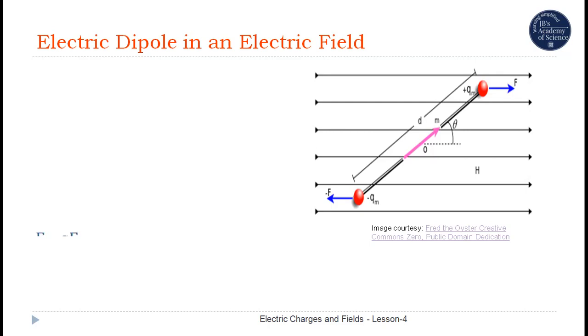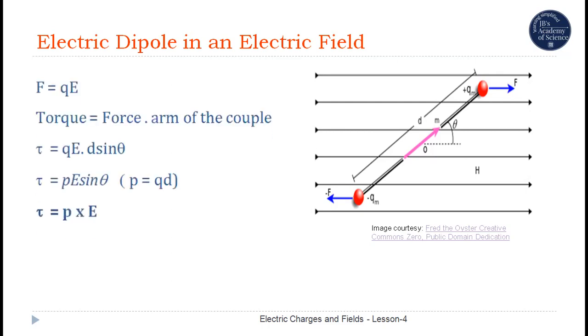Now there is a force on each charge, plus q and minus q, due to the presence of the electric field, and we know that this force is given by F is equal to QE. So a QE force will be acting on the plus q charge in the direction of the electric field, and the same F is equal to QE force will be acting in the direction opposite to that of the electric field on minus q.